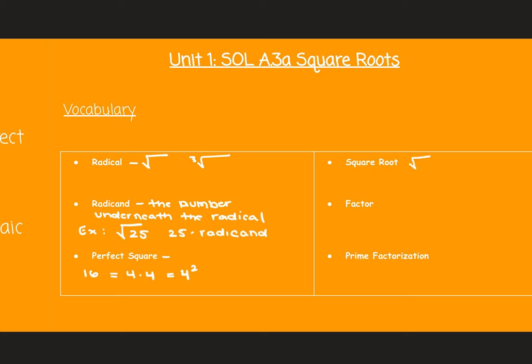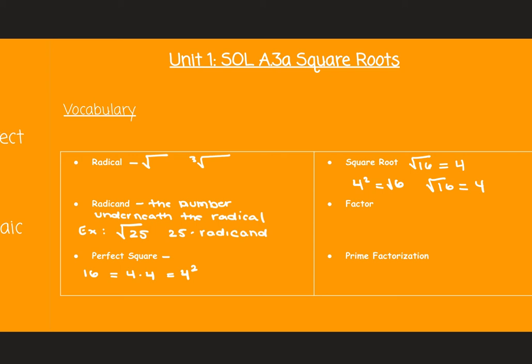Taking the square root of 16 tells us the number that's multiplied by itself. The relationship between perfect squares and square roots is that they undo each other. If I'm given 4 squared, I can square that to give me 16, but then I can also take the square root of 16 to give me 4. So they undo each other.